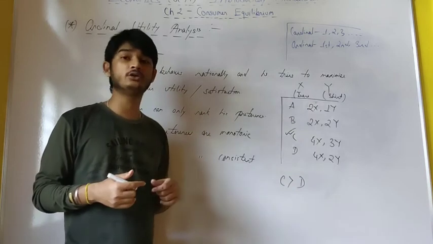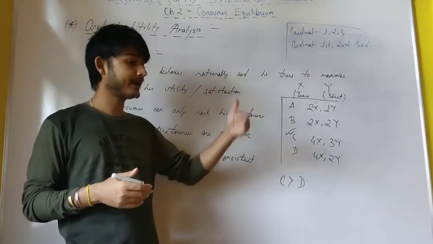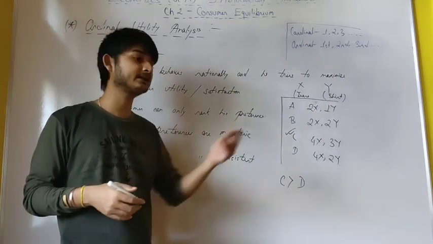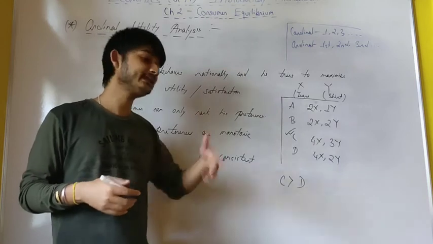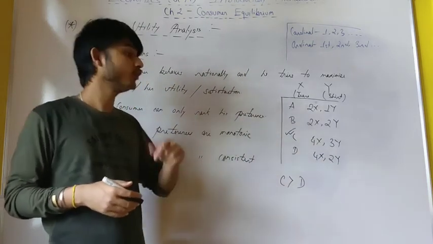For the consumer in the example I have given, mango was the first preference and banana was the second preference. So in any situation he will not choose banana over mango.